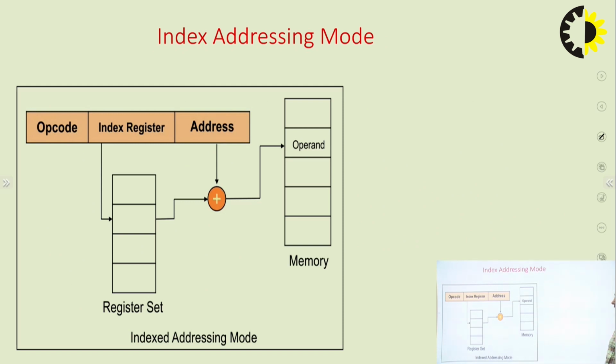Here we have the opcode, then we have an index register, then we have the address. The index register points to a register which is in the register set, then the address points to the operand which is in the memory. It is known as the index addressing mode.